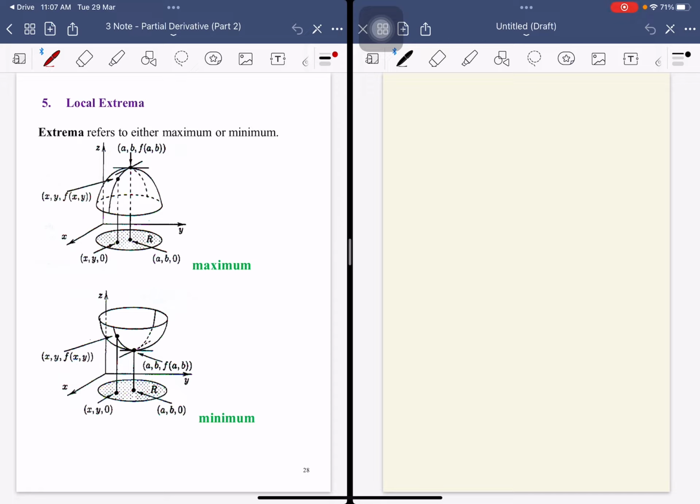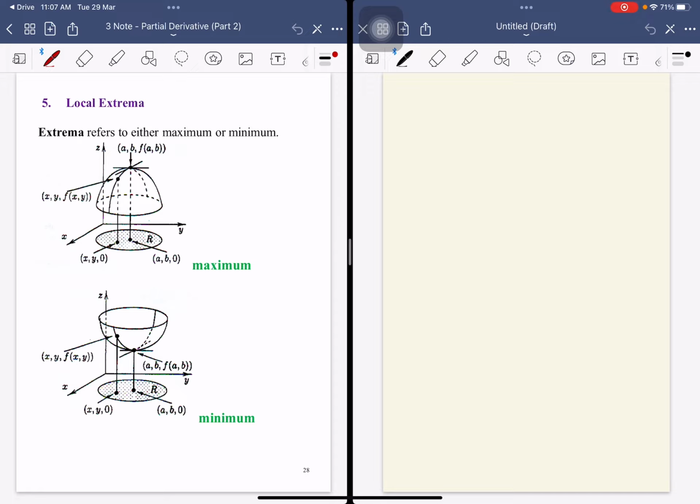But if the value of g is greater than 0 and f_xx is greater than 0, the point is, sorry, this one is a typo, so this should be local maximum, and this one is local minimum. Because we have a difference over here, even though the value of g is positive.